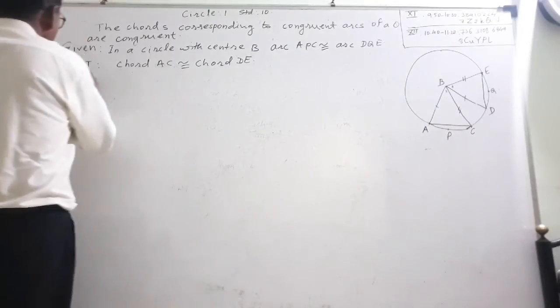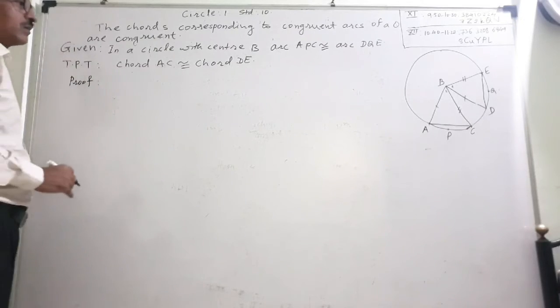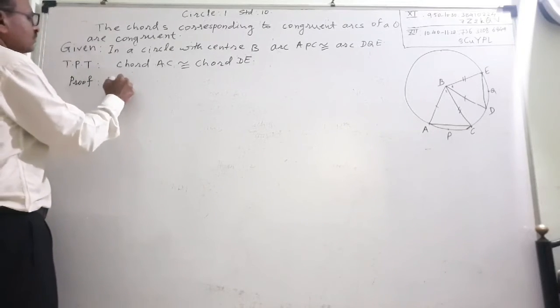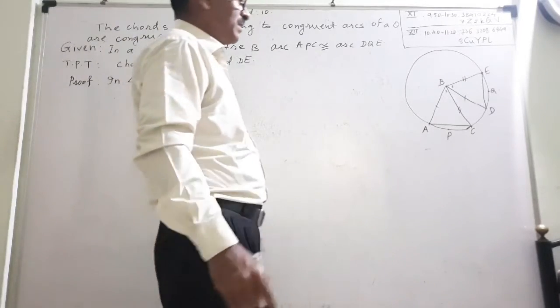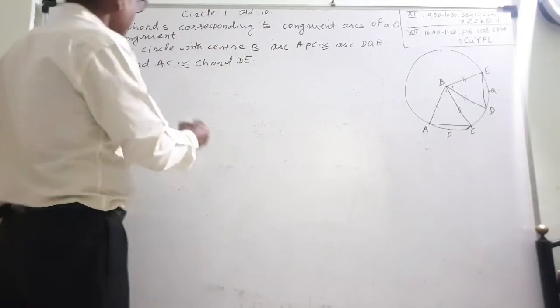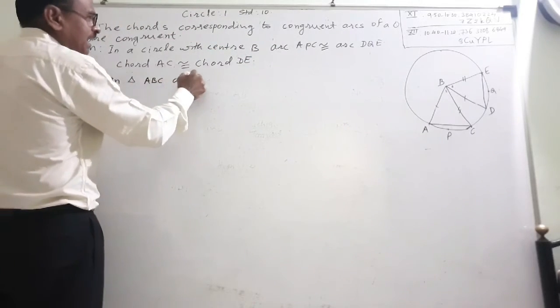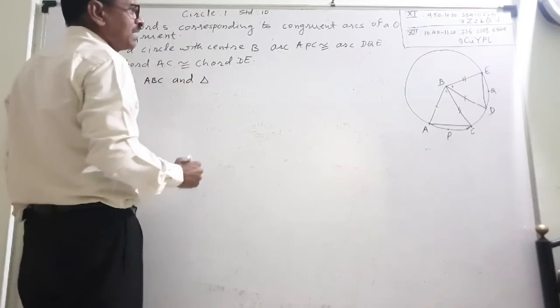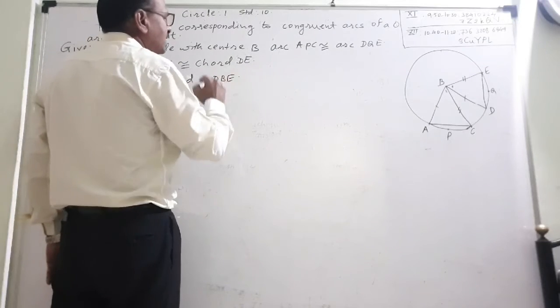Proof. In triangle ABC and a triangle which is DBE. These are the two triangles.